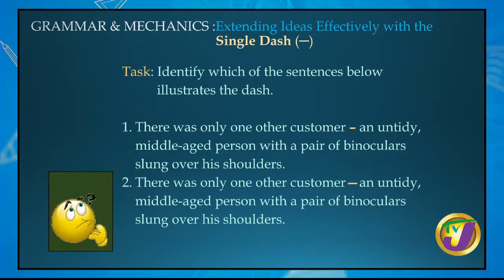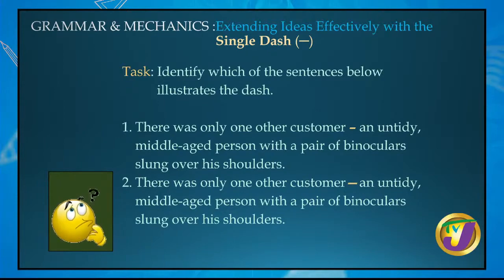All right, one says, "There was only one other customer, an untidy, middle-aged person with a pair of binoculars slung over his shoulders." And sentence number two says, "There was only one other customer, an untidy, middle-aged person with a pair of binoculars slung over his shoulders."